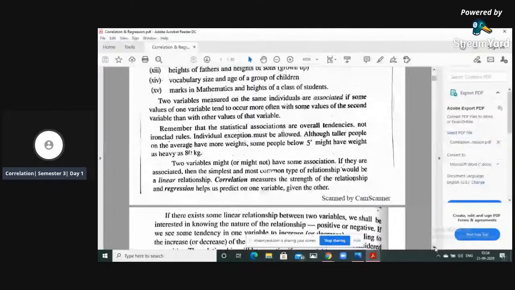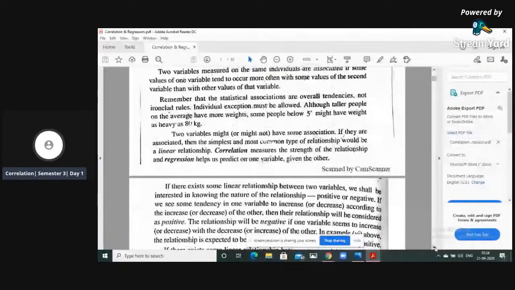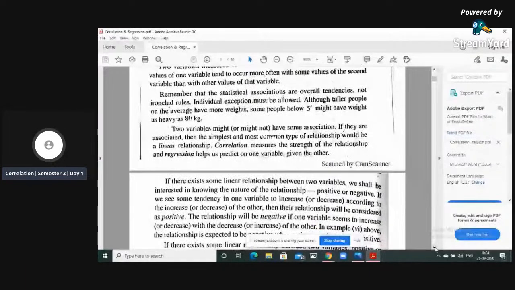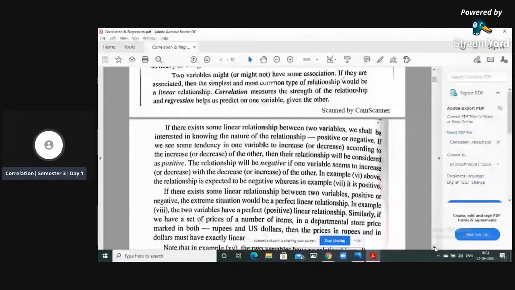These are usually represented by capital X and capital Y, or it can be represented by any of the variables from A to Z. Now, since there are two variables, they should have some association or relation between them, which was not the case in univariate data.